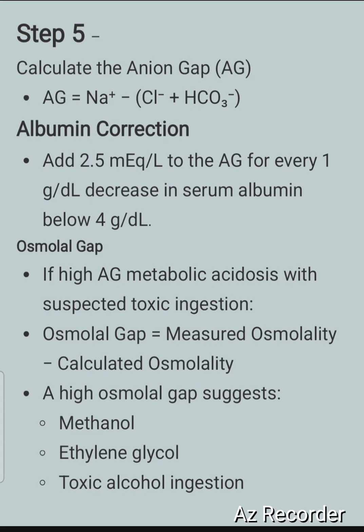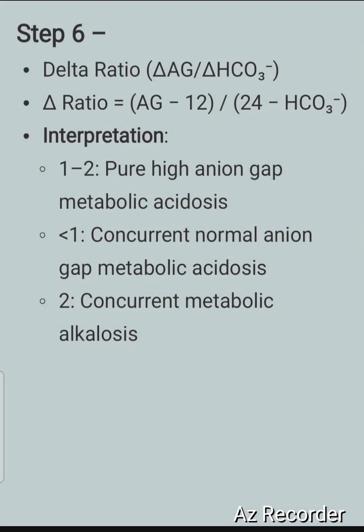Osmolar gap: if high anion gap metabolic acidosis with suspected toxic ingestion, then check the osmolar gap, which is equal to measured osmolality minus calculated osmolality. A high osmolar gap suggests methanol poisoning, ethylene glycol poisoning, or toxic alcohol ingestion.